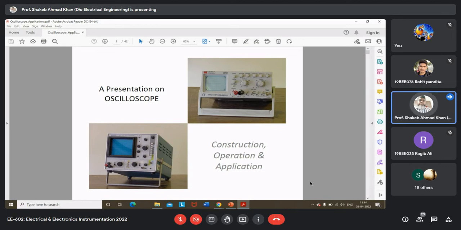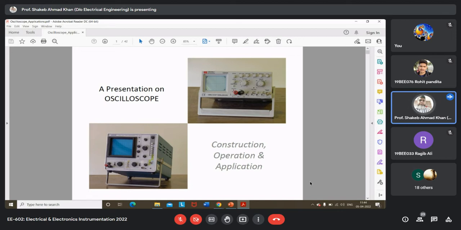There are many time varying signals which are not periodic. We call them random signals. It means they are not following any pattern. Like, sinusoidal is a periodic signal. Your square wave is a periodic signal. Your triangular waveform is a periodic signal.